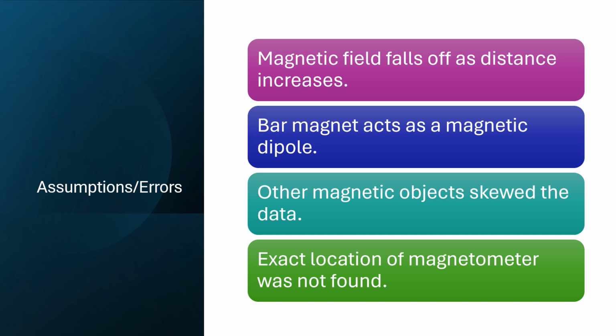The second assumption we made was that the bar magnet acts as a magnetic dipole, and one error was that other magnetic objects could skew the data, such as computers or other electronic devices that were close enough that their magnetic fields impacted the magnetic field of the bar magnet. And lastly, the exact location of the magnetometer was not exactly found because it's just an estimate with the two pieces of tape.